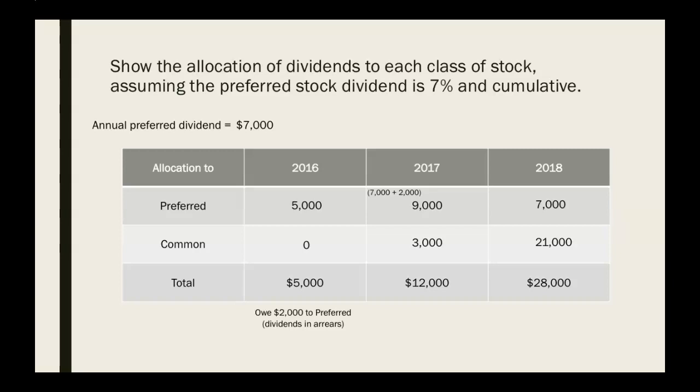So even though more money is going to common stock here in 2018, there's less per share, right? Because there are so many more common shares out there than there are preferred. So being a preferred shareholder, you still get a better return per share.